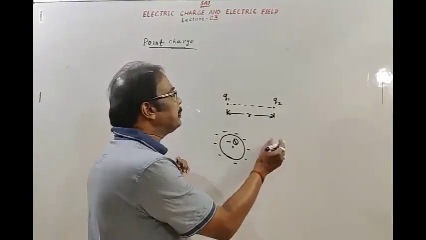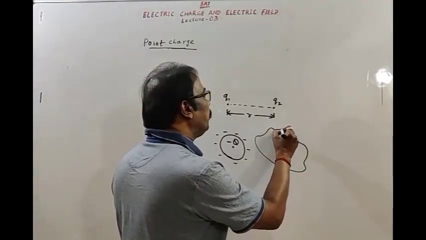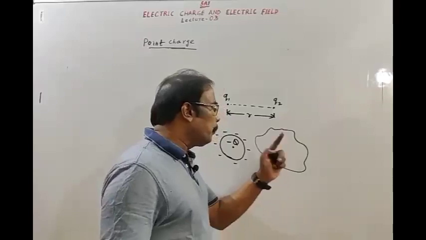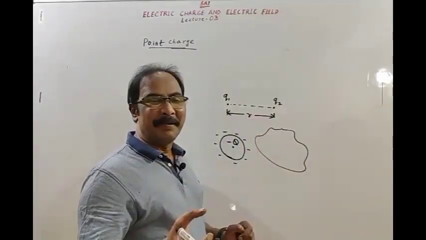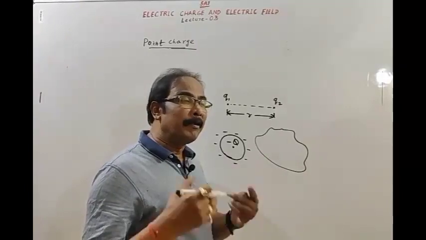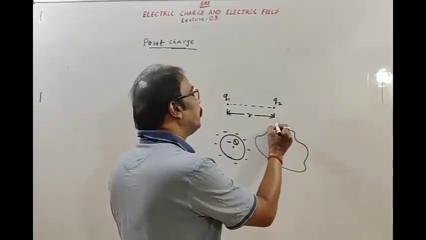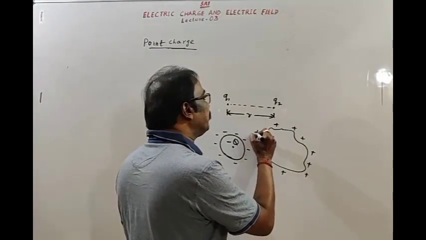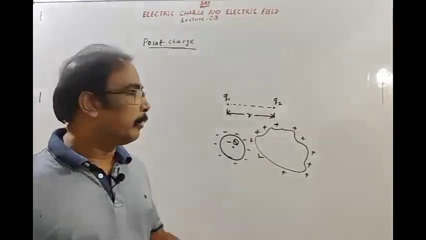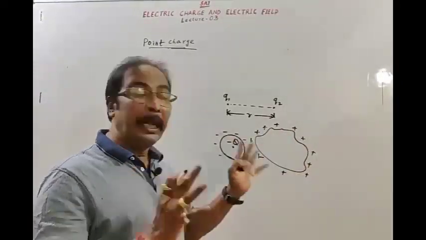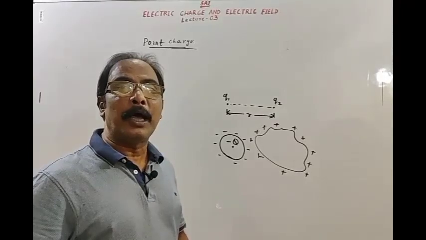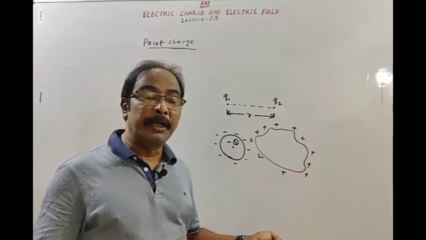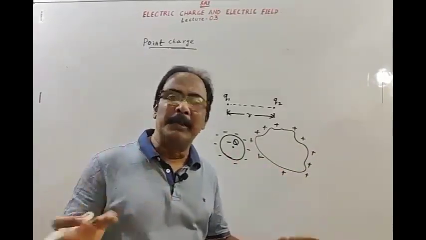If charge is given to an irregular body, suppose this is a body of any shape, an irregular but conducting body. Suppose this body is positively charged, because this body has lost some electrons. So we may assume the total positive charge is distributed on the surface, but it may be noted that if the surface is irregular, then the distribution of charge on the surface will be non-uniform.